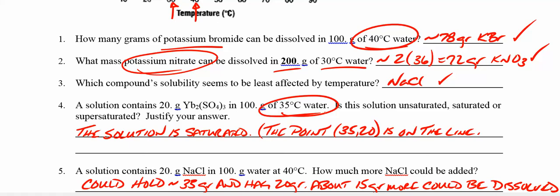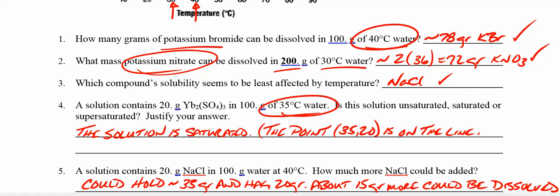So that's what unsaturated means. Saturated means we're right at the limit, that you cannot hold any more. You can hold that amount of solute completely dissolved in the solvent, but no more. And supersaturated is a special situation that I'll describe a little bit later. But for now, we'll just hold off until that one comes up, and then we want to justify the answer.